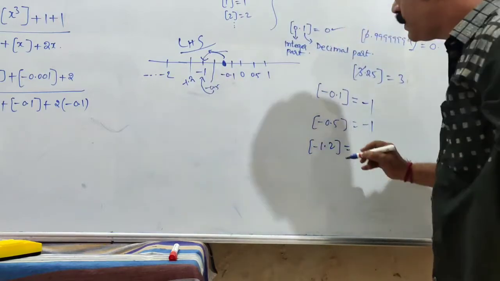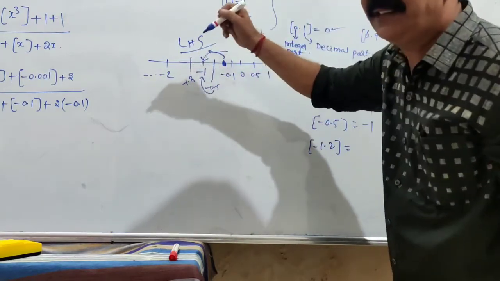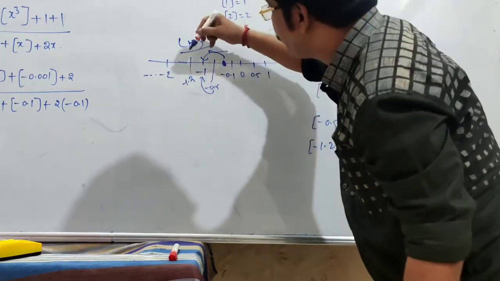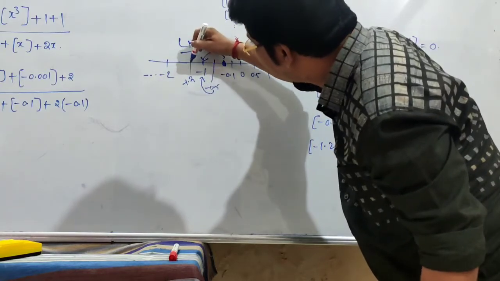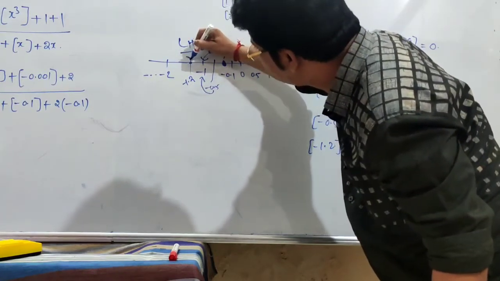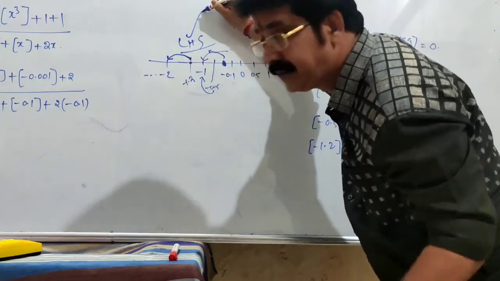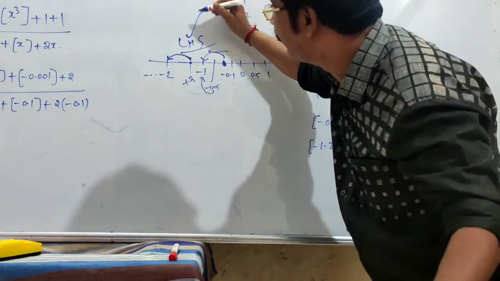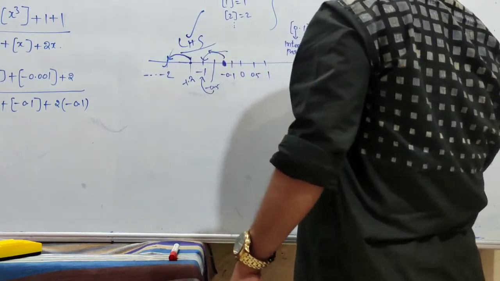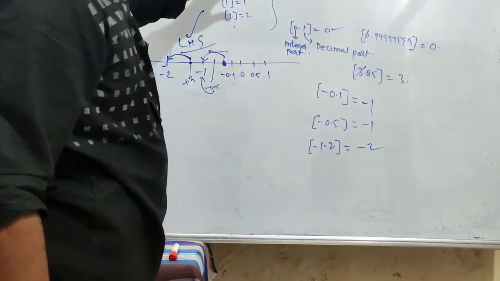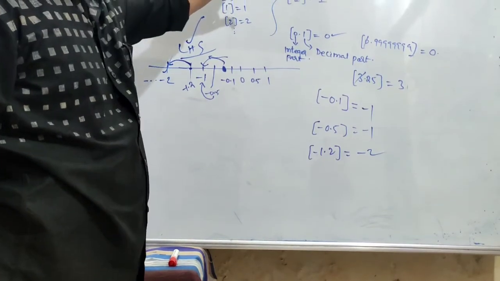Before giving the answer, ask yourself, what is the next immediate integer on the left hand side? Not the right hand side, the left hand side. It is minus 2. This is the practical meaning of box of x, the greatest integer function.